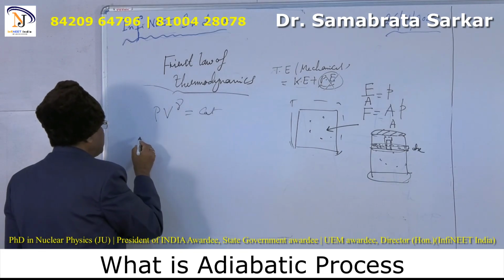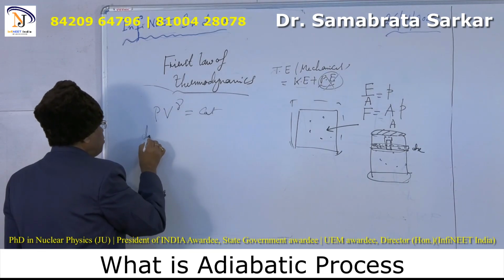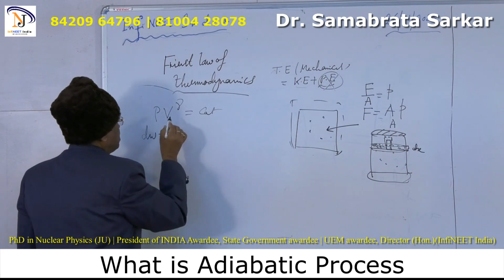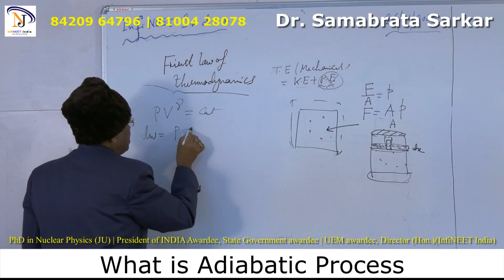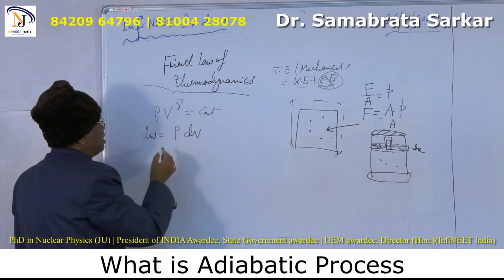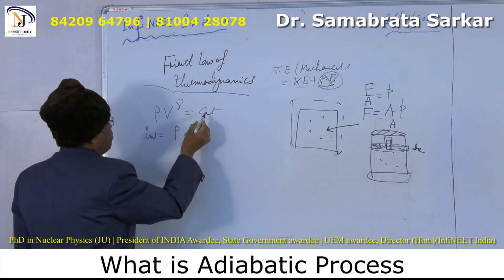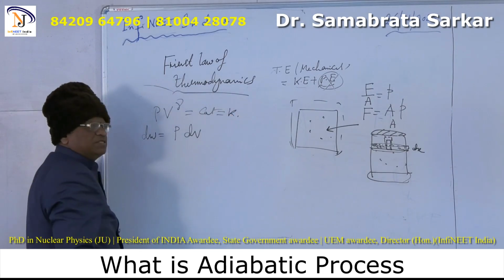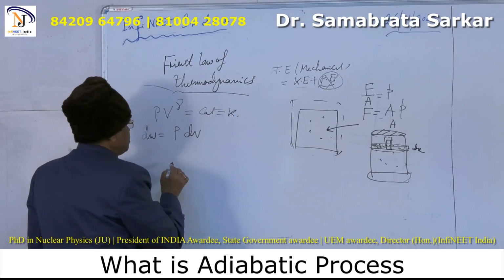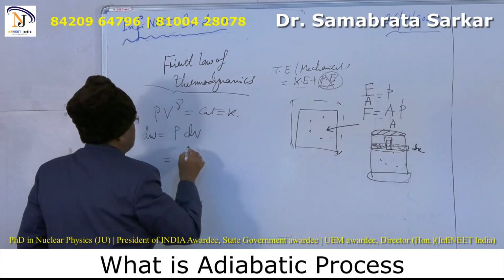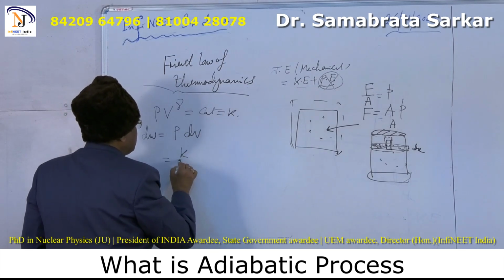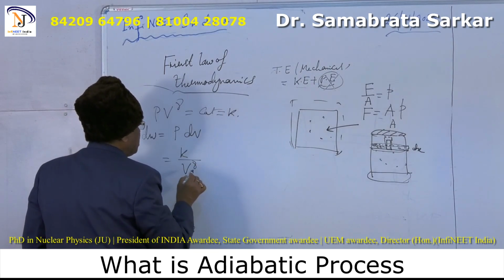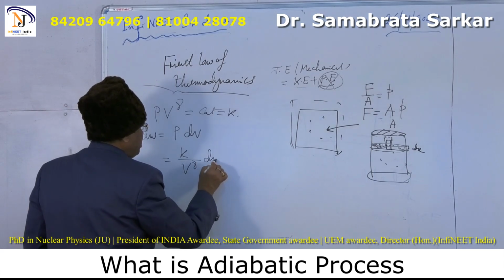What can we write here? dW equals what? P dV. What can you write here? Some constant, isn't it? So you can write some constant divided by V to the power gamma dV.